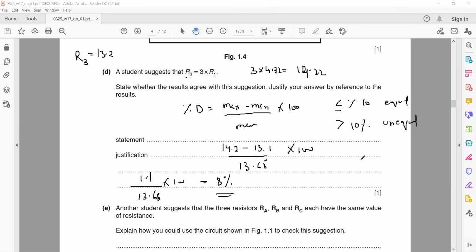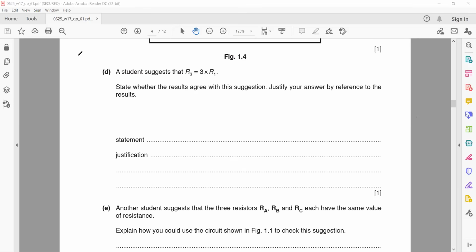So the practical point here is that when I look at 13.1 and I look at 14.2, the two values do not look the same.